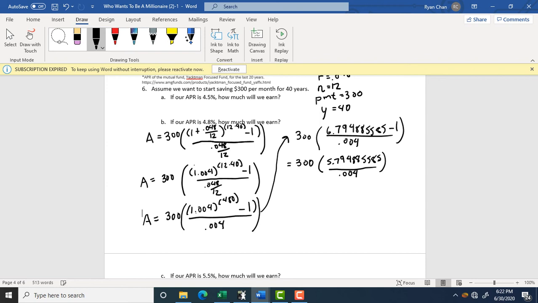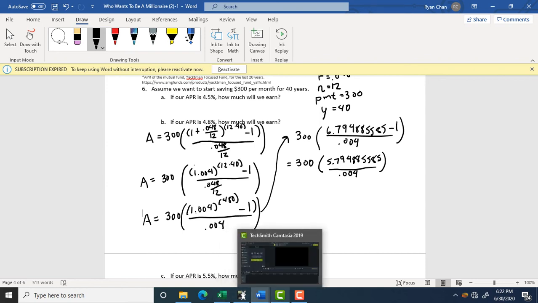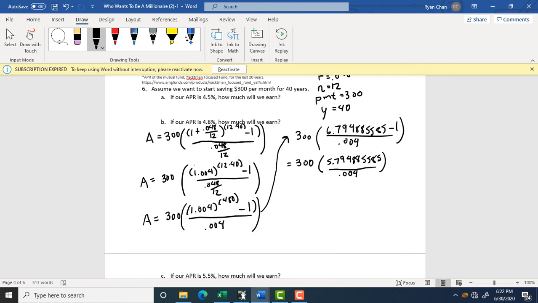I'm going to divide that by 0.004. Now multiply by 300. So I get approximately $434,616.42.